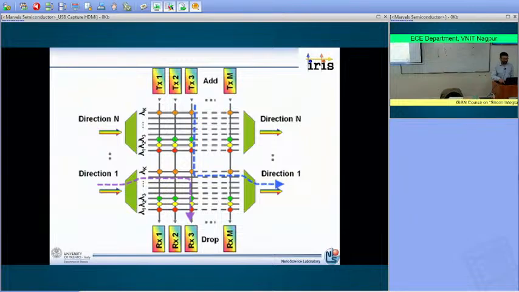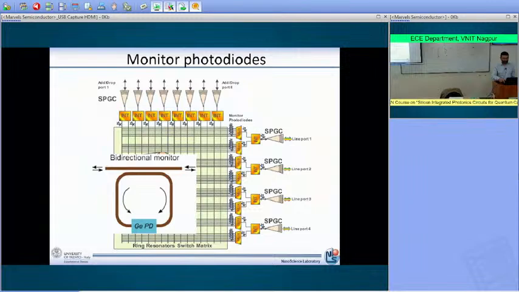Then what we have also implemented in the circuit were the monitor photodiodes. So clearly you want to know what is happening on your circuit. And therefore, you have to implement some monitor photodiodes that tell you how much is the power that is reaching there and how much is the power that is reaching the other direction. And so what we did was to use this kind of configuration for the monitor photodiode.